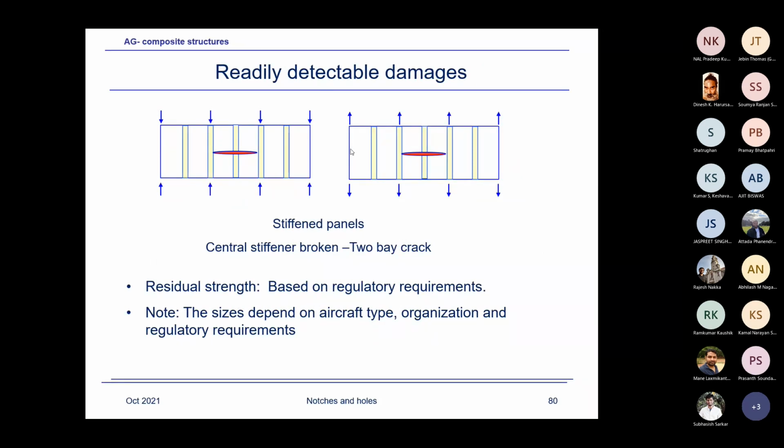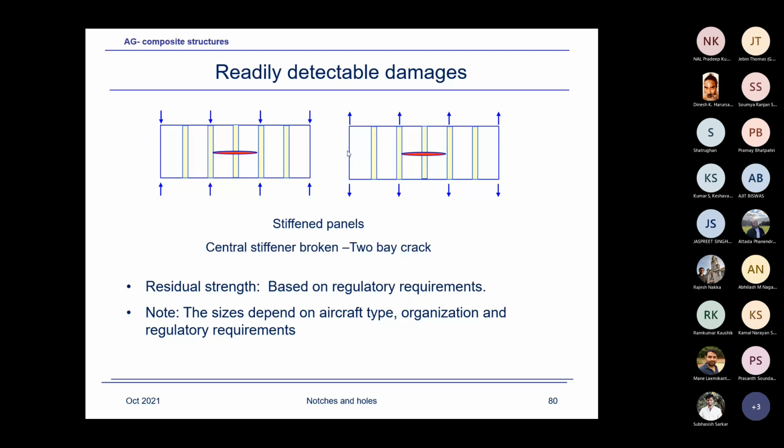So far we discussed the notches in non-stiffened panels. But once again, in actual practice, every structure will have the stiffeners, the spars, and ribs. And when you are dealing with such structures, the design condition is always there.